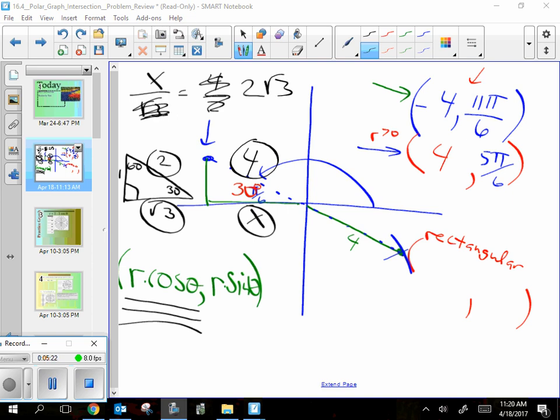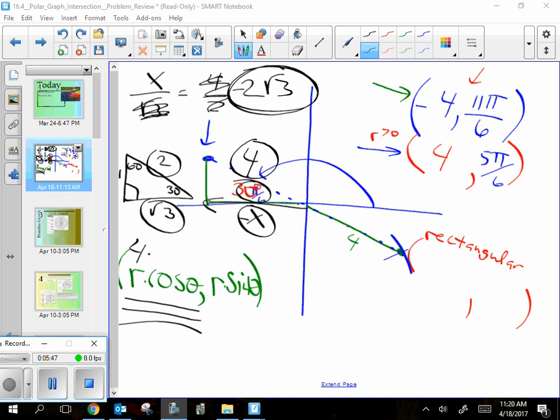Option B, you could have done r, which is 4, times cosine of theta, which is cosine of 30. And let's make sure that I don't have a negative running around in here or something. I do. It's supposed to be a negative side. Negative 2. Yeah, this side has to be negative because it's going in this direction, so it should be negative 2 root 3.